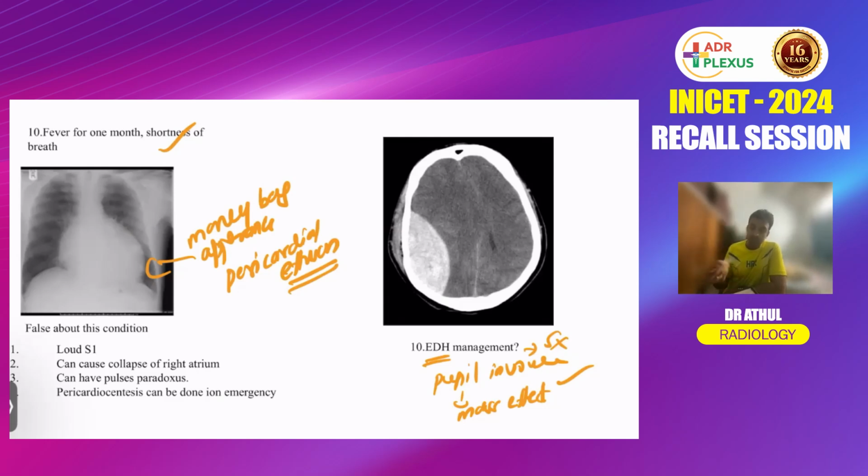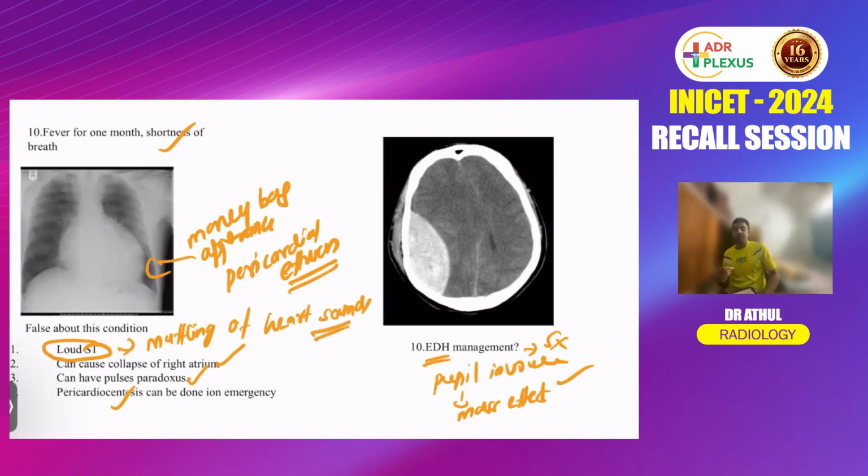This pericardial effusion can cause collapse of right atrium. It can cause pulsus paradoxus. And if it is an emergency condition, you have to do pericardiocentesis. All these statements are correct. And what is wrong is that the heart sounds will not be loud. There will be muffling of the heart sounds. So that is the answer. So this is the question that came from pericardial effusion.